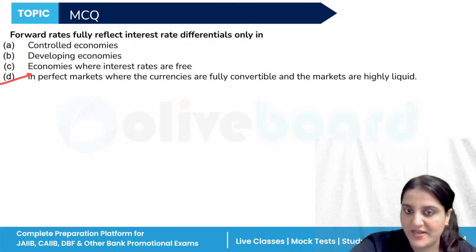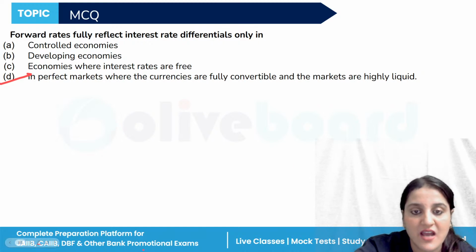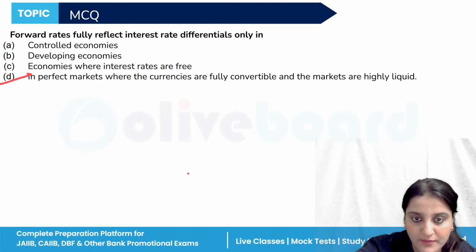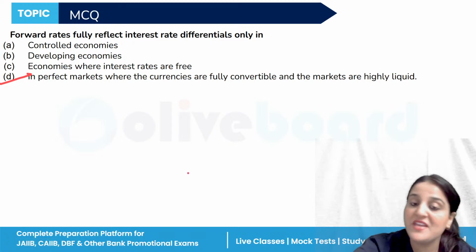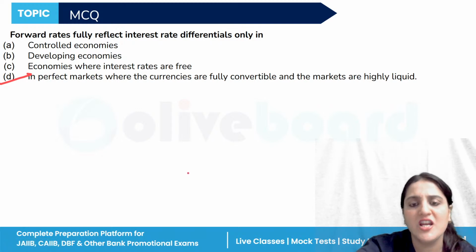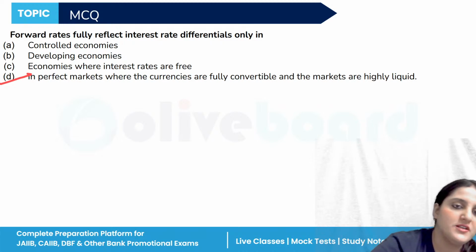Forward exchange rates basically reflect the interest rate differential between two countries, two currencies, which is based on the principle of covered interest rate parity. So option D is correct.